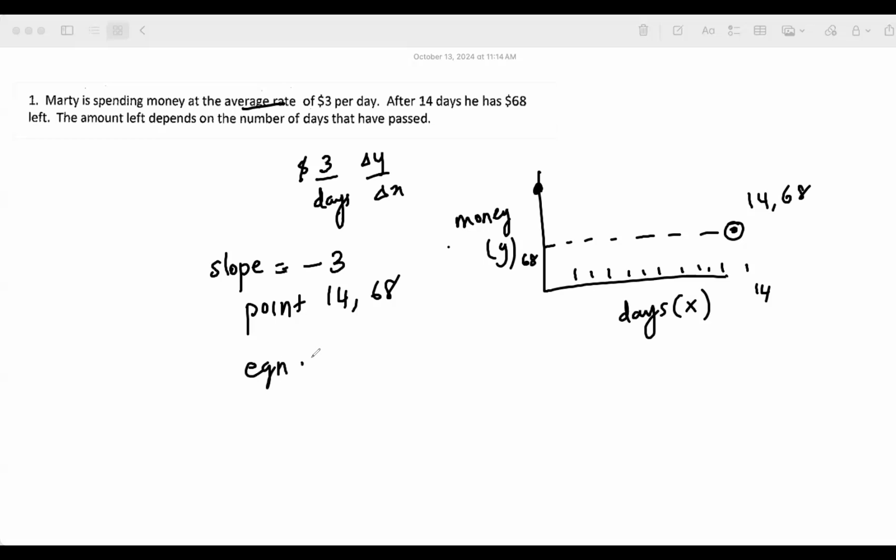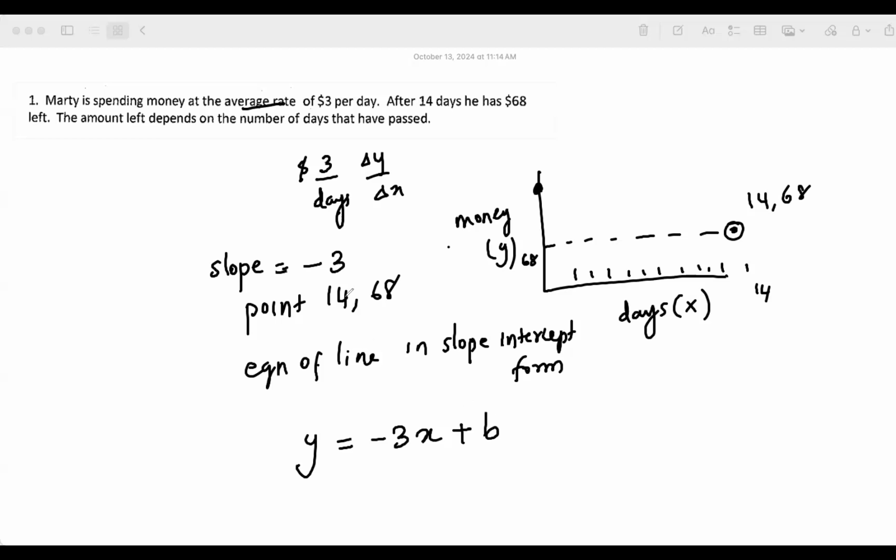How to find the equation of this line in slope-intercept form? Can I do it for you? No. Y will be equal to minus 3x plus b. You have a point. 60 equals minus 3 times 14 plus b.